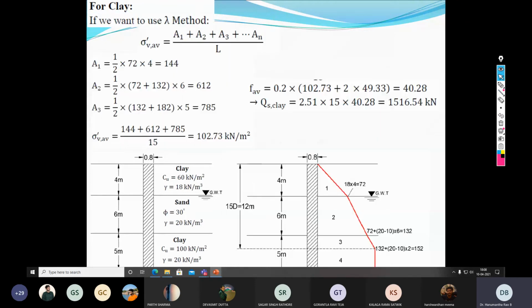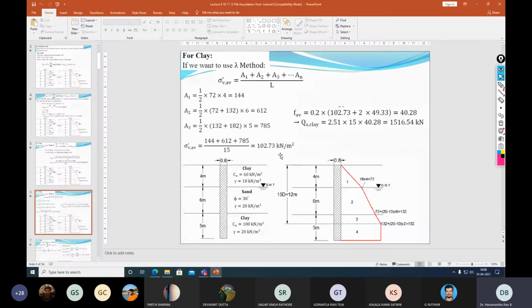Okay, now, sir, here A3 is different, I think, sir. No. You have to take the top and bottom of the layers now. See, in case of the clay, say for example, the top is 0 and the bottom is 72, and for sand the top is 72 and the bottom is 132, and for clay the top is 132, but for the bottom you need to extend it.